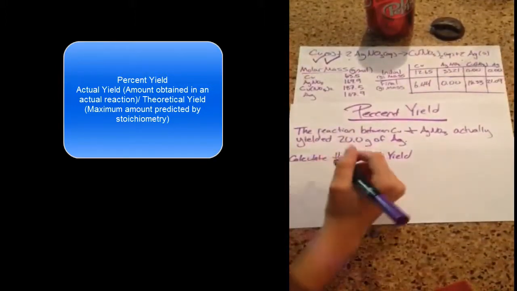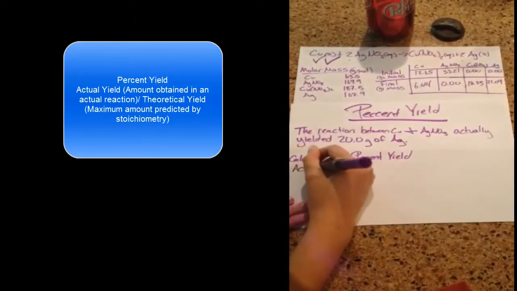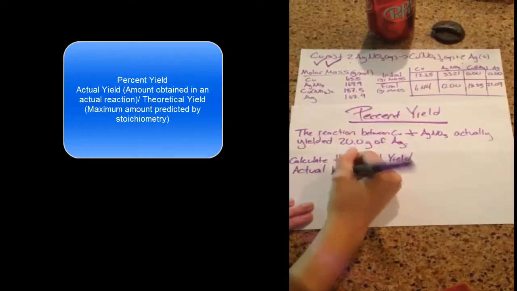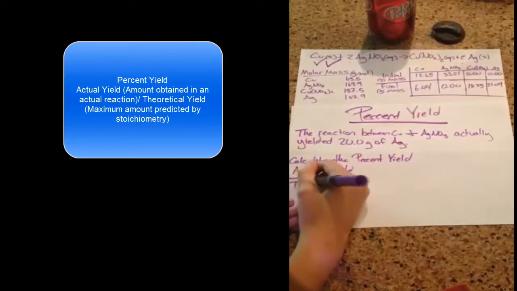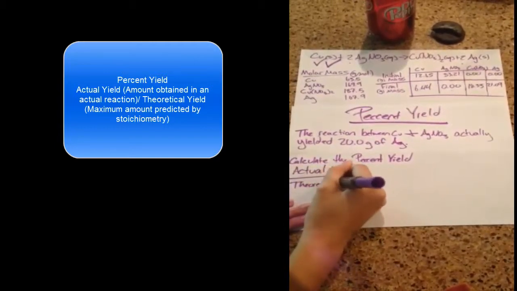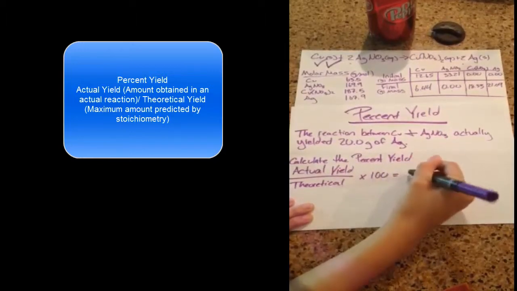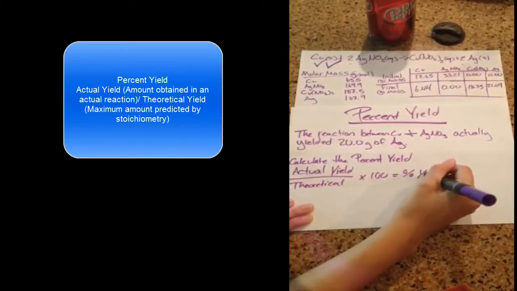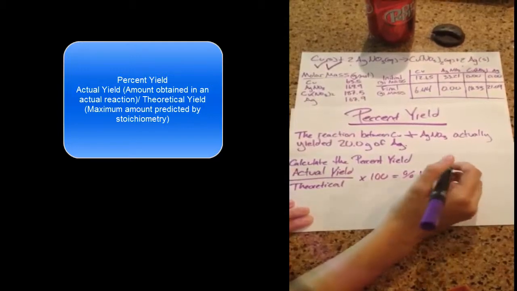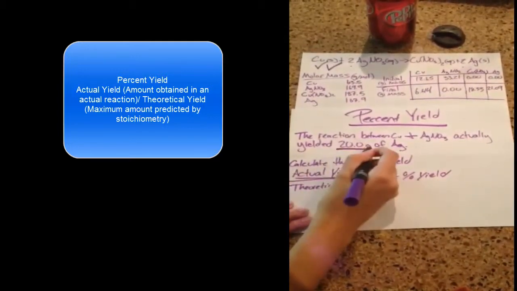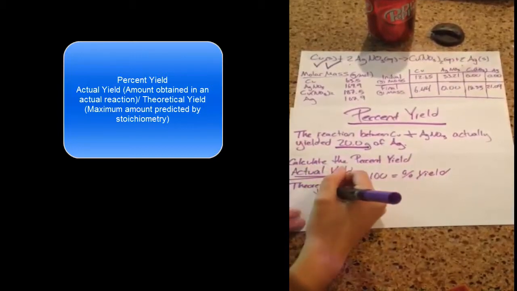Percent yield. To find the percent yield, we use the formula actual yield over theoretical yield times 100. The actual yield in this problem is 20 grams of silver.